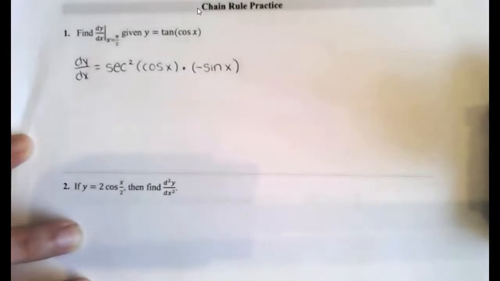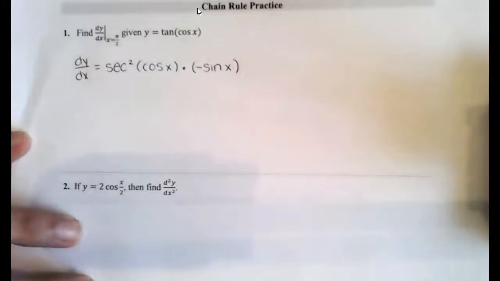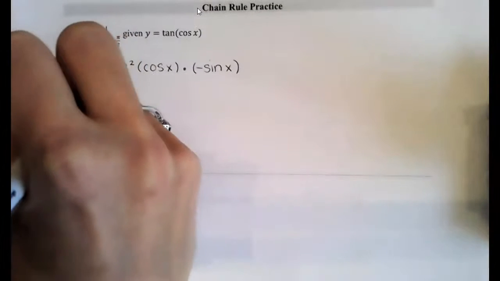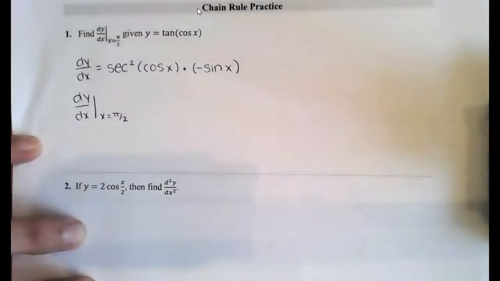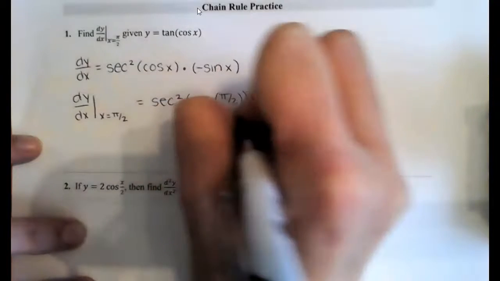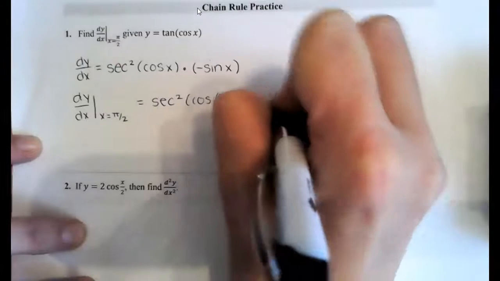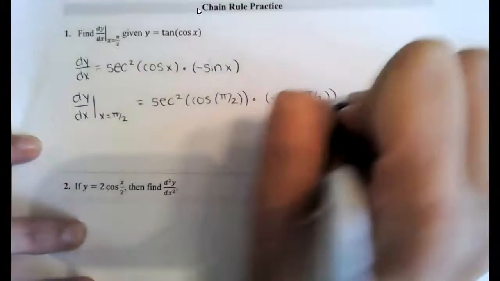And then after we take that derivative, what we're going to do now is plug in to that problem. So basically what that means is we are going to take dy dx and evaluate for x at pi halves. So you have secant squared cosine pi halves times negative sine pi halves.